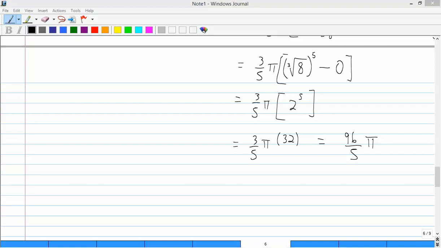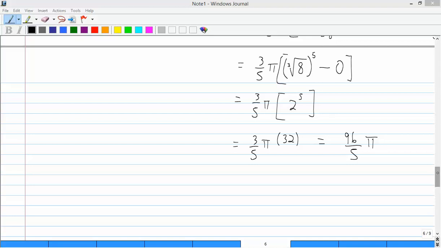Now what that's going to do is change the way that you figure out the radius of the disk. When you revolve about a line other than the axis, it generally changes the way that you figure out the radius of the disk. If you can graph it, it will help you understand a lot better.